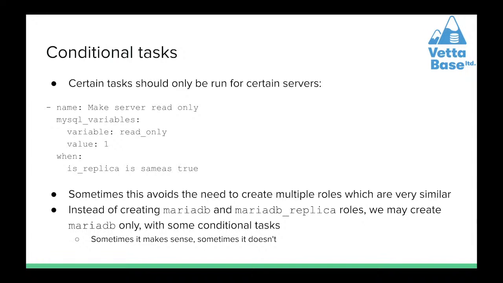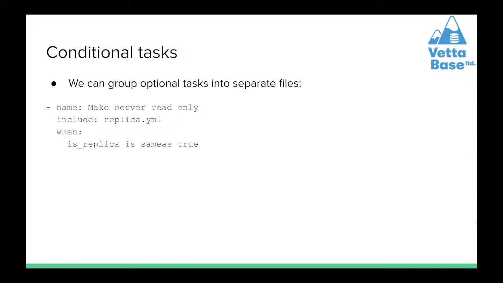It depends on your specific case. We can also have these optional tasks grouped into separate files. So in this case, if isReplica is set to true, we include a playbook called replica.yml, otherwise not.